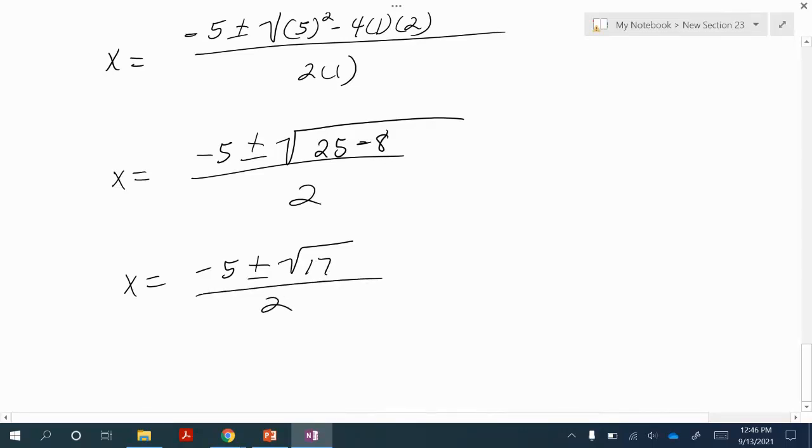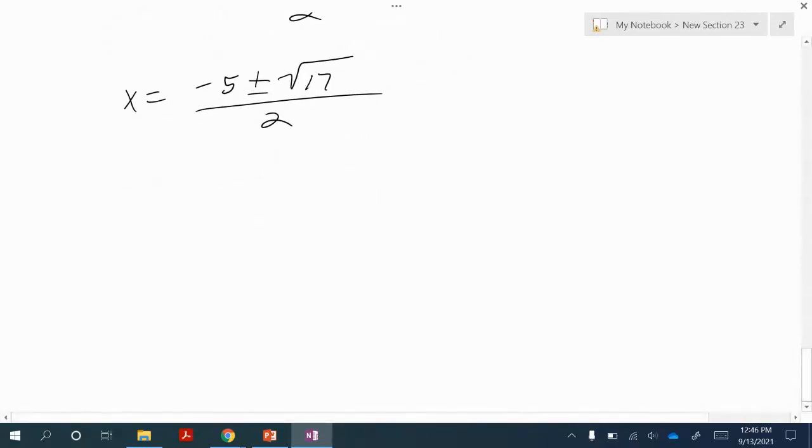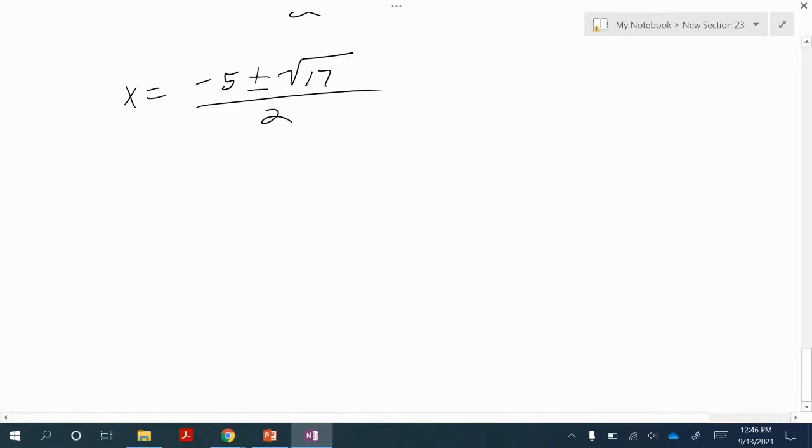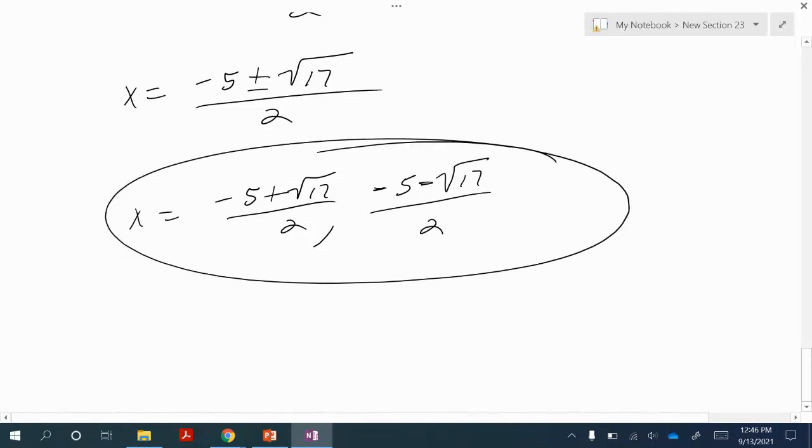Now the plus or minus separates our answers out into 2's basically. So we're going to write this out as x is equal to -5 plus the square root of 17 over 2. Okay, and that's one solution. And the other solution is -5 minus the square root of 17 over 2.